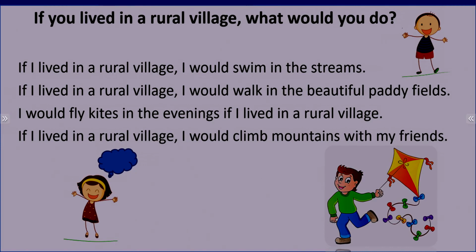Right? So all this could happen only if I get a chance to settle down in a rural village. Therefore, at the moment I'm speaking to you, it's just an imagination. Right? Hope you understood how we form sentences using if clause type 2, and also where to use them, to express what we use these sentences for.